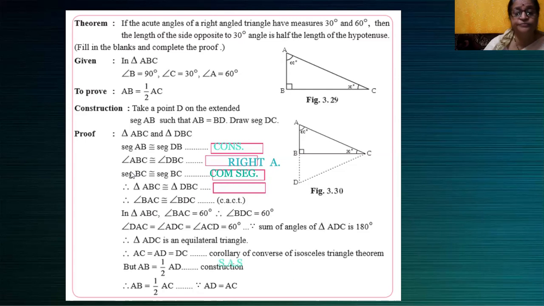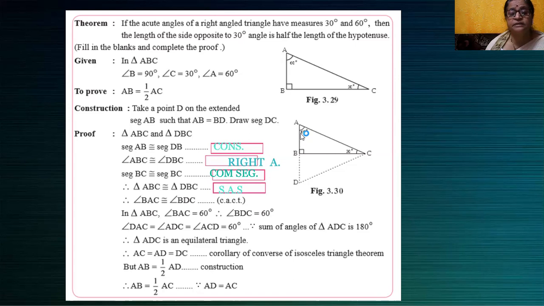So we fill in here the SAS test. Therefore, angle BAC is congruent to angle BDC, which we had to prove.